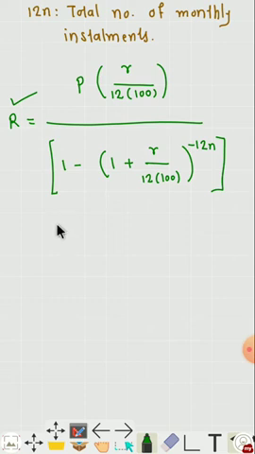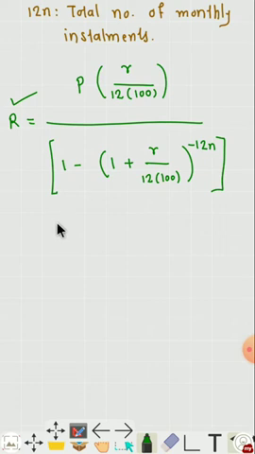In spite of all the monthly installments being equal, the annuity formula automatically takes into account that every month a certain sum is paid towards the debt.